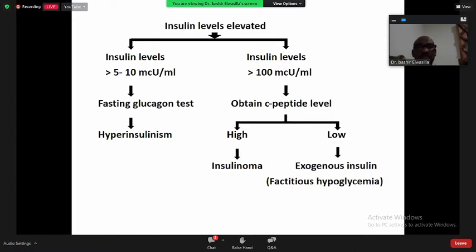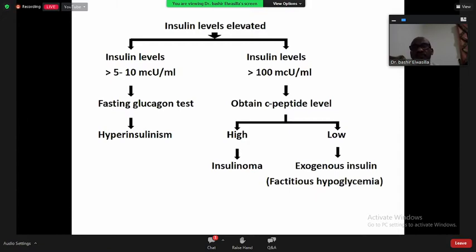If the insulin level is more than 5 to 10 microunits per ml, we have to do a fasting glucagon test, applied by giving a glucagon injection, and you see the response. If the blood glucose rises, that means there is a good store of glycogen, and that means this is not a glycogen storage problem. This is mostly hyperinsulinism.